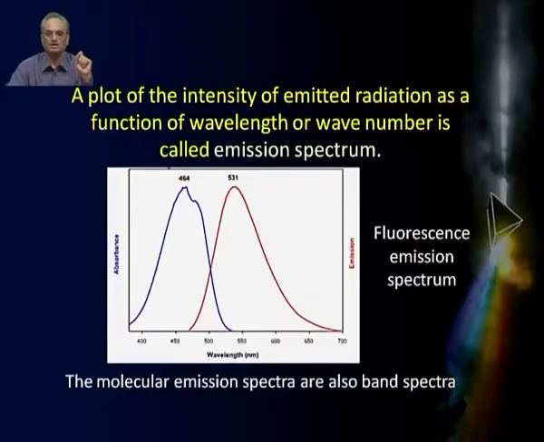Now, what we have to understand here is the kind of spectrum I am showing you. Because we are talking about molecular spectroscopy, the spectra I am showing you are also called band spectra, because what you see is there are broad bands. They are in contrast to atomic spectra, because if you recall from your earlier understanding of basic quantum mechanics, atomic spectra are typical line spectra.